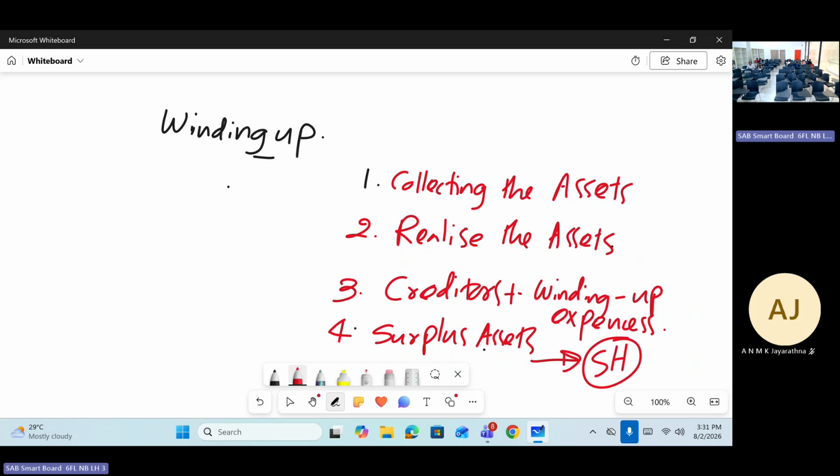Right, now when we consider the modes of winding up, I think I have explained a little bit. We can identify there are three modes. A company can be wound up by three ways. First one is by court.